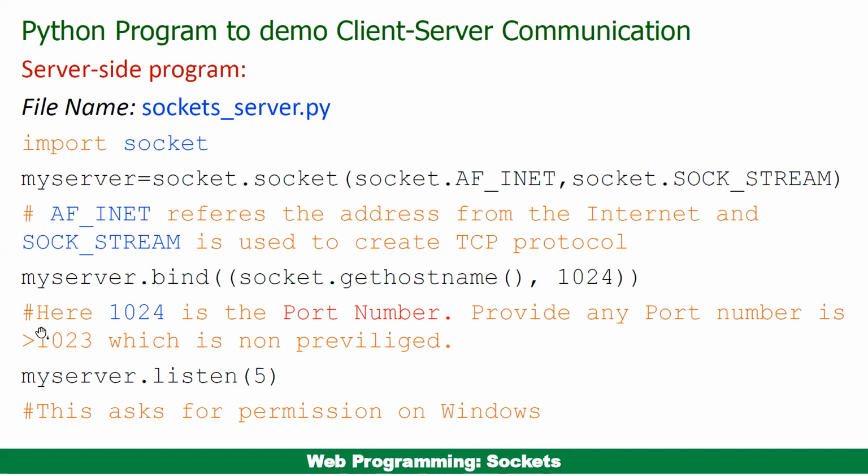Provide any port number greater than 1023, which is non-privileged. Then you can listen on the server. That means the client requests are listened to by the server using the listen method with the socket object, myserver.listen. For example, the minimum, let us assume 5. This asks for permission on Windows, the listen method.